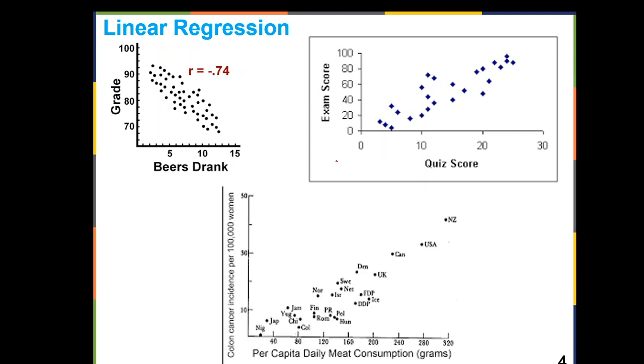And here's another one: per capita daily meat consumption, and then here is colon cancer incidence per 100,000 women. So as you see, we are right here. That means American women consume this many grams of meat per day, and our cancer rate is about that much.